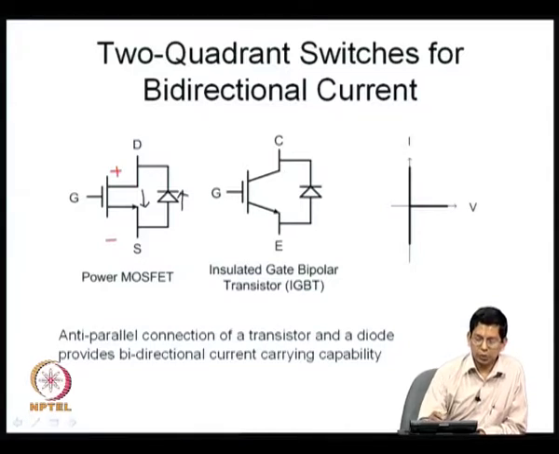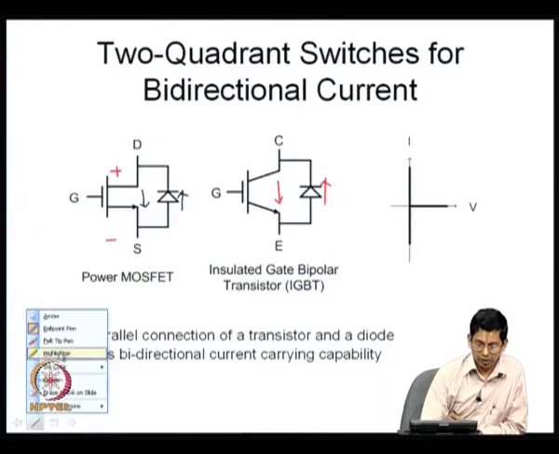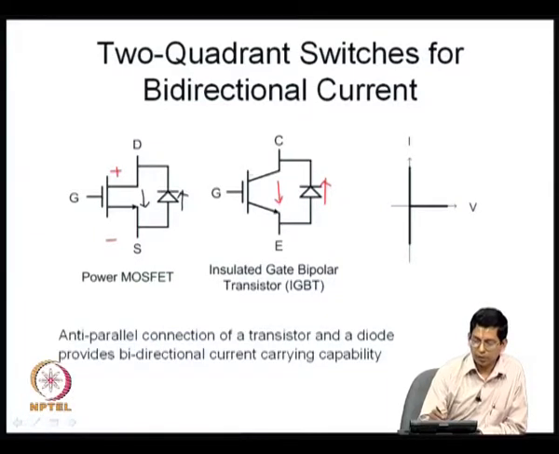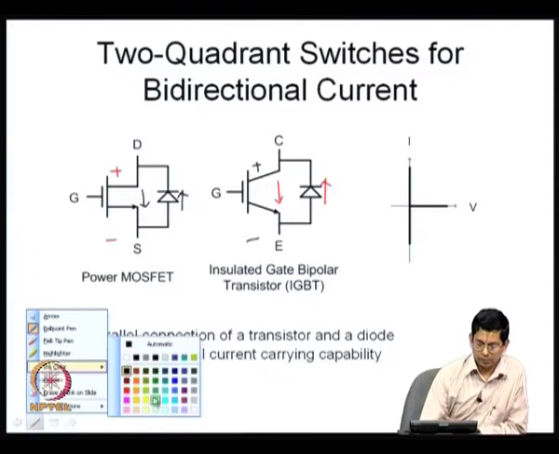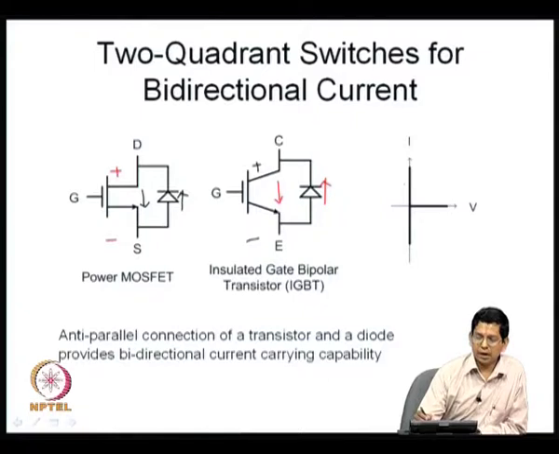Now, let us say you have an IGBT, which is almost like a BJT. Once again you have an anti-parallel diode connected here. The IGBT itself can conduct in this direction and the anti-parallel diode in the opposite direction. Once again you have a bidirectional current carrying capability, but only a unidirectional voltage blocking capability. When it is off, it is going to block a voltage like this. When the transistor is conducting, it can be carrying a current.